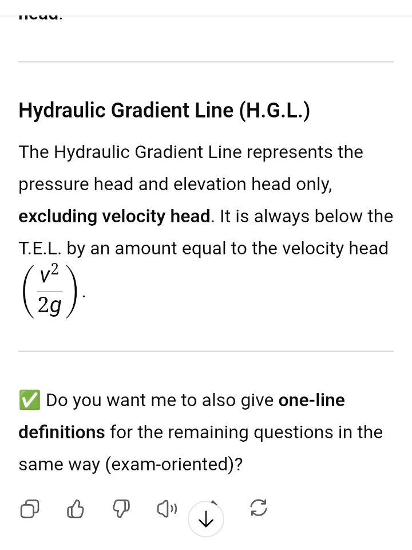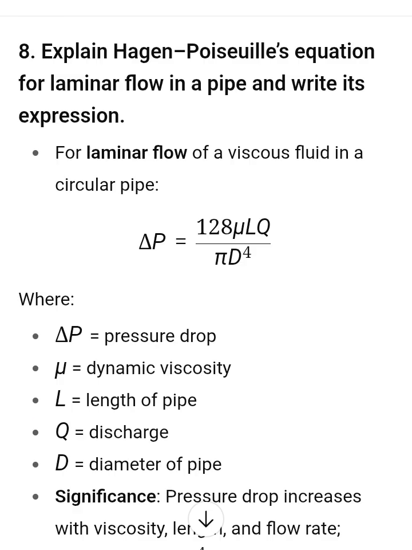Eighth question: explain Hagen-Poiseuille's equation for laminar flow in a pipe and write its expression.